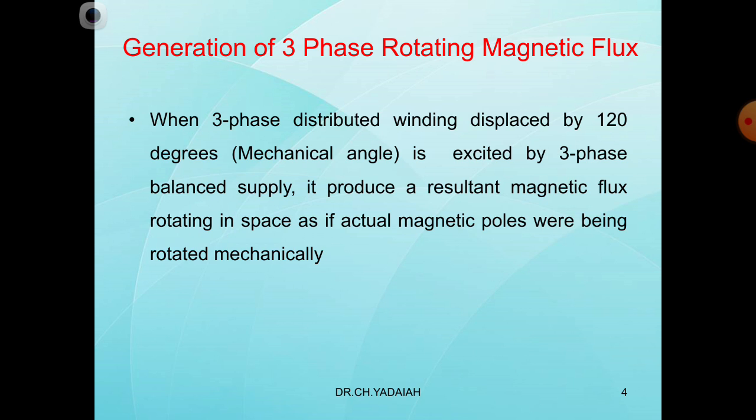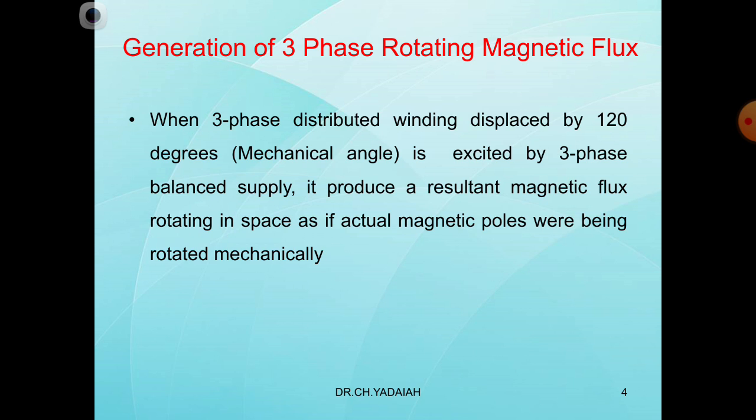Then it is interlocked and moves in the direction of the stator magnetic field. The main field is rotating at synchronous speed, and this kid, the rotor field, tries to catch its father. Then automatically it works as a three-phase induction motor.